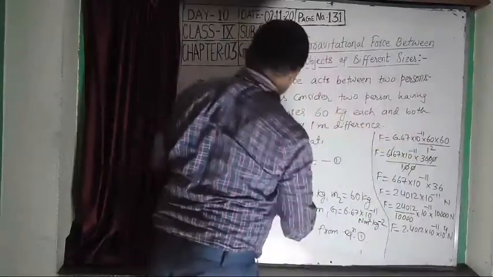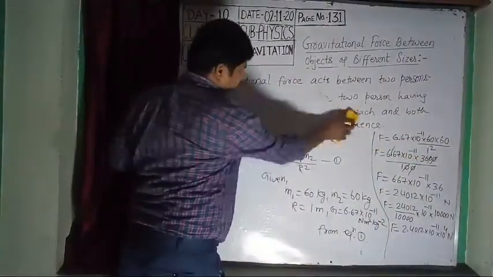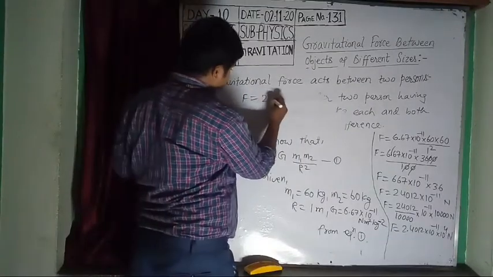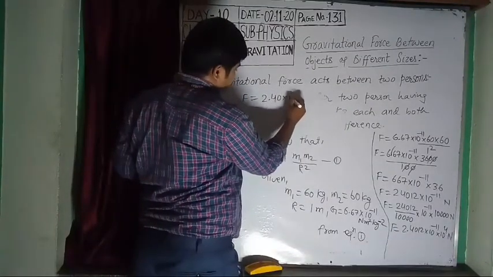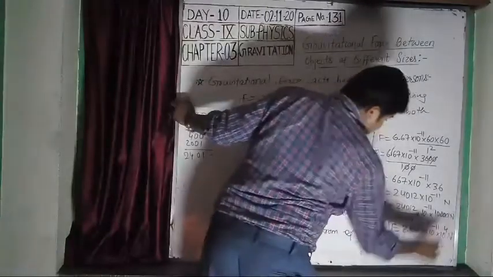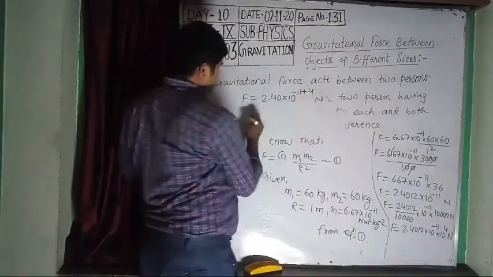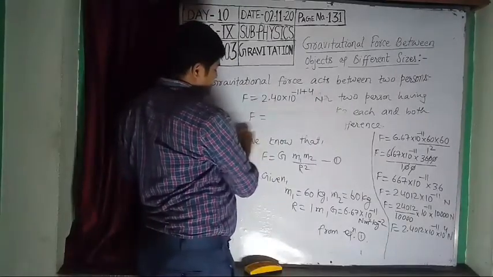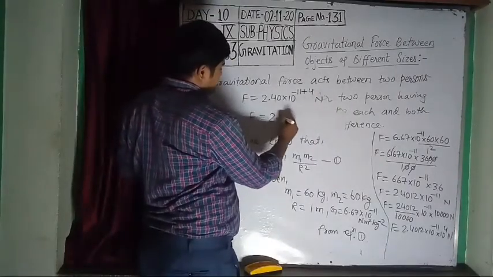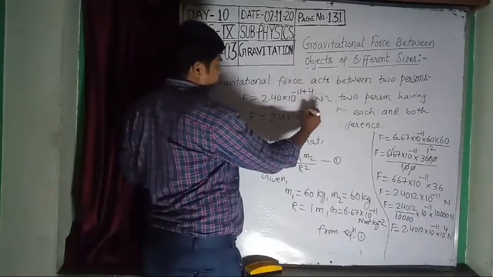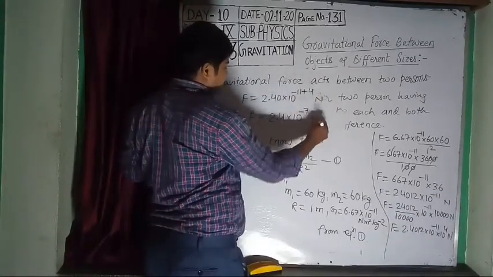Now see here, F is equal to 2.40 into 10 to the power, the base is the same, so you will add the powers: minus 11 plus 4 Newton. So the final answer is F is equal to 2.4 into 10 to the power minus 7 Newton.